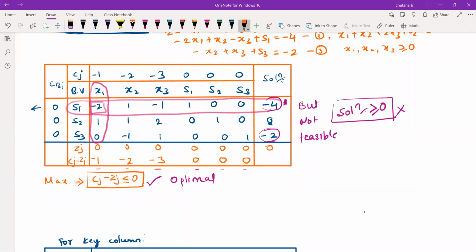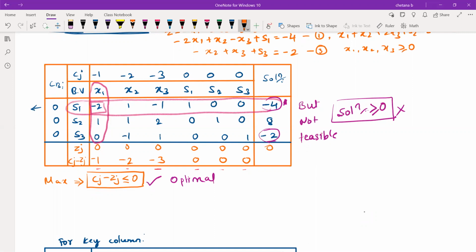Okay, so you are supposed to mark the key column in the main table only, that is in the first table only in this case. Similarly, if you are getting the same thing in the second iteration also, that should be marked in the main table only, not in the ratio table.